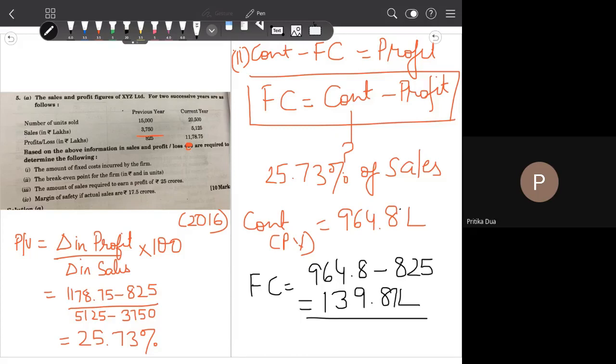So this gives you the answer. Now move to the next part, break even point. Now you have the fixed cost and you have the PV ratio. You can calculate the break even point in units. First in rupees you can calculate.